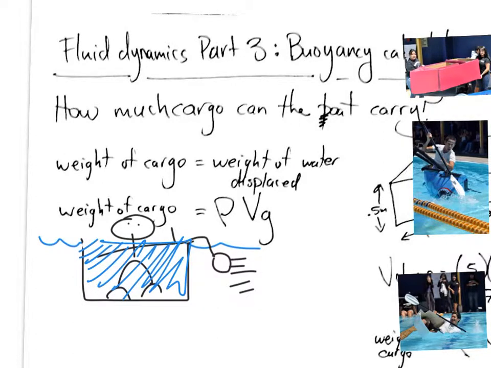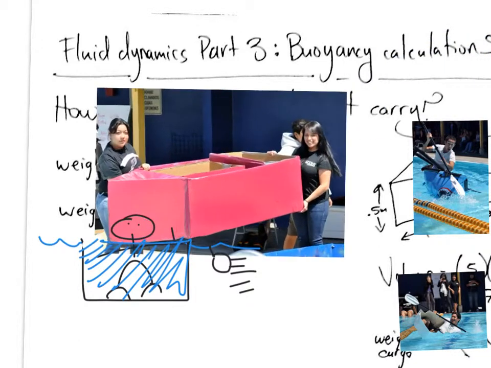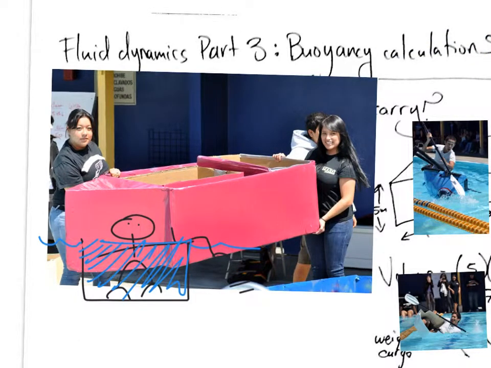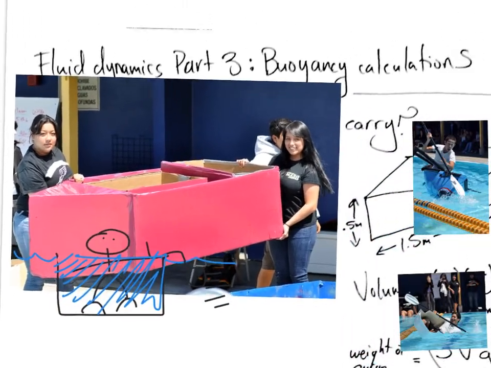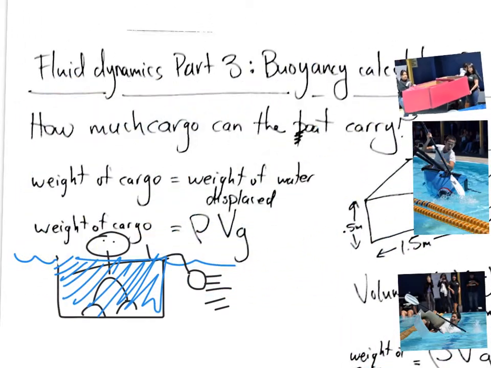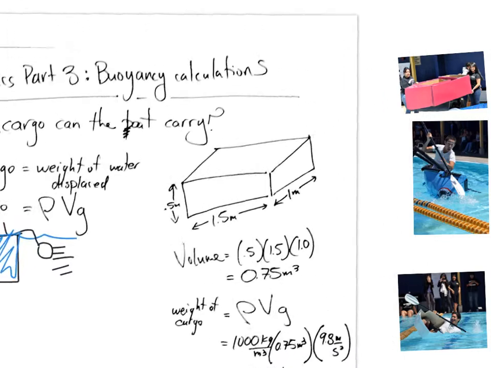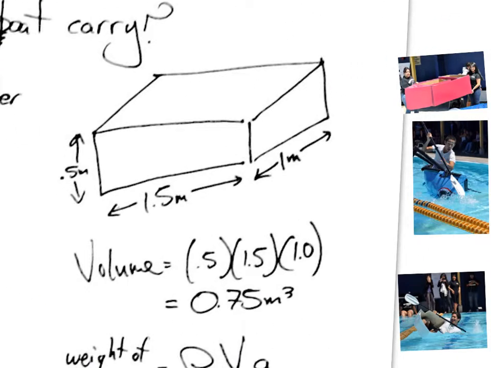I took a look at this and approximated the dimensions: half a meter, 1.5 meters, and 1 meter wide, which is about what those boats were. So here's a diagram. What's our buoyancy?